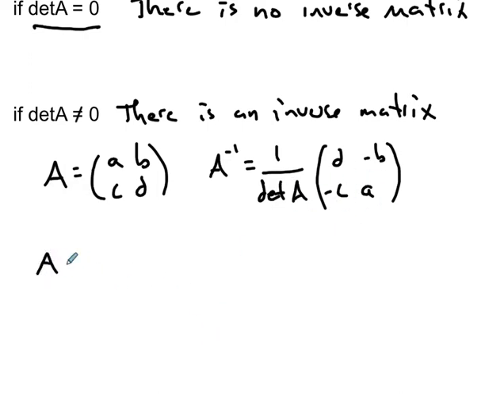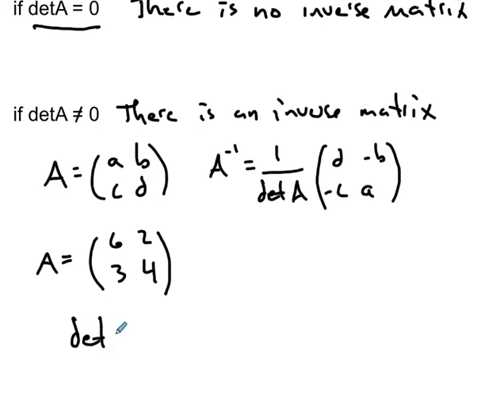So let's say that A is equal to, let's go with some numbers that will hopefully work out, 6, 2, 3, and 4. And I want to find the inverse. Usually step 1 would be to find the determinant, right? Because the determinant shows up here before we multiply in.